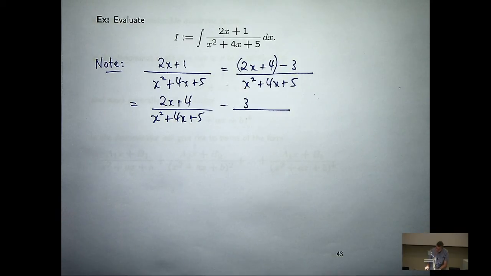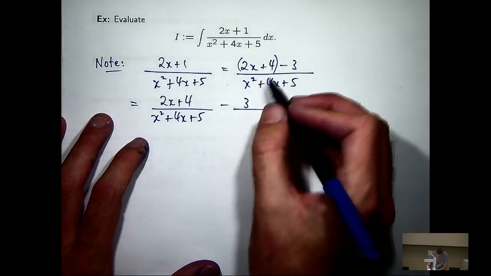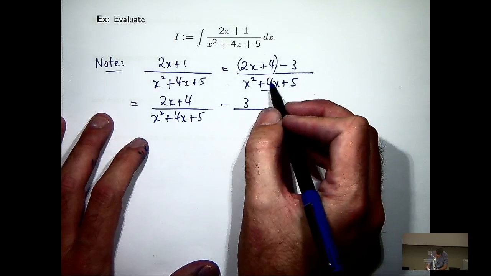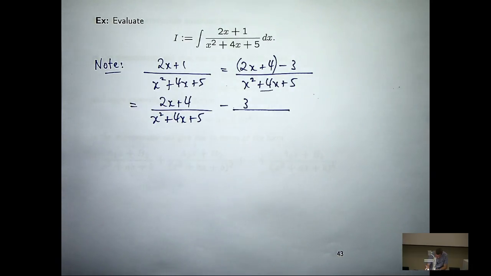Yes, completing the square. So completing the square is going to be important for this second term. To complete the square, you just look at the coefficient of x. That's what it's all about. You halve it, you square it, and you add it and take it away.